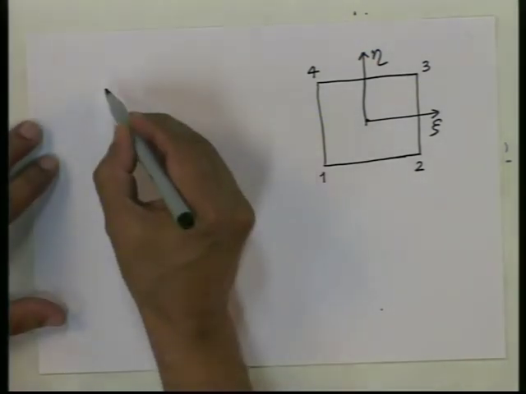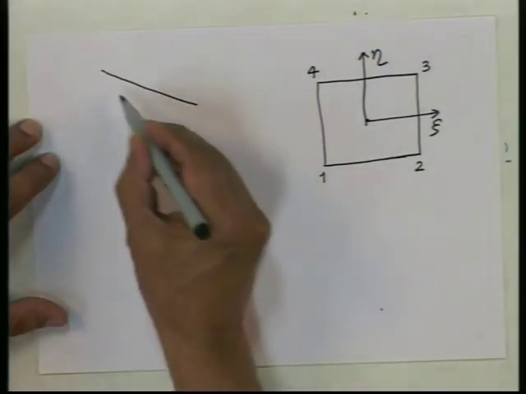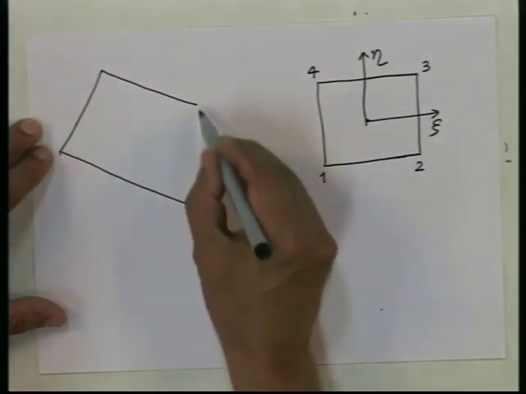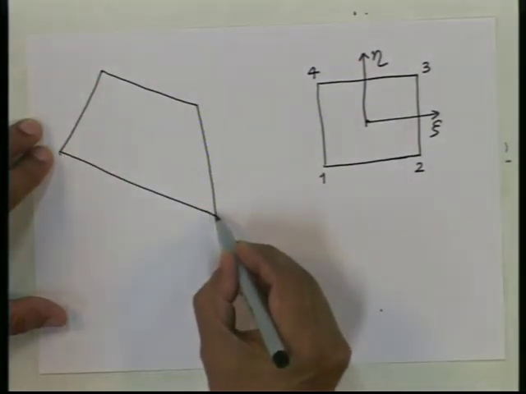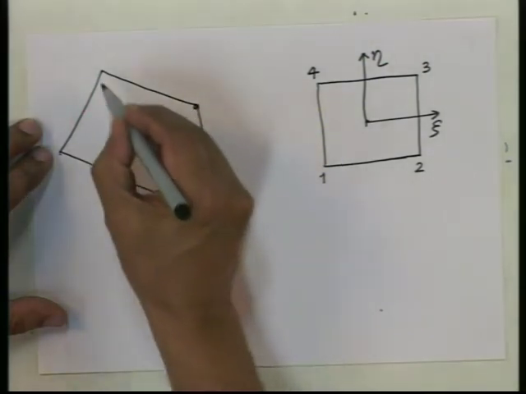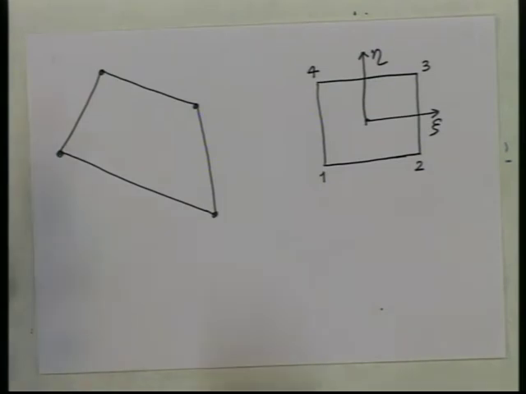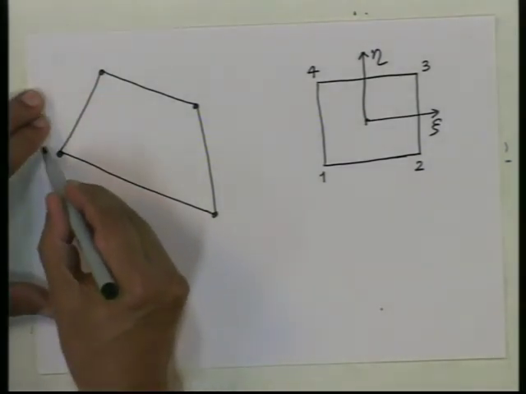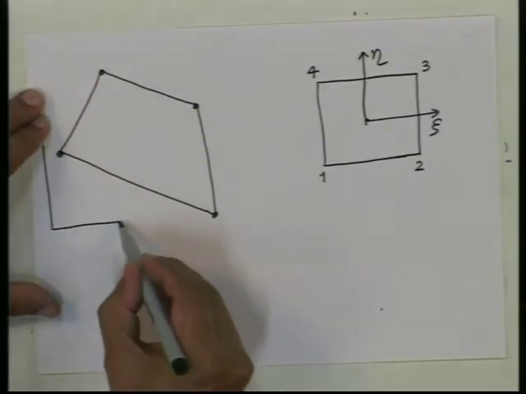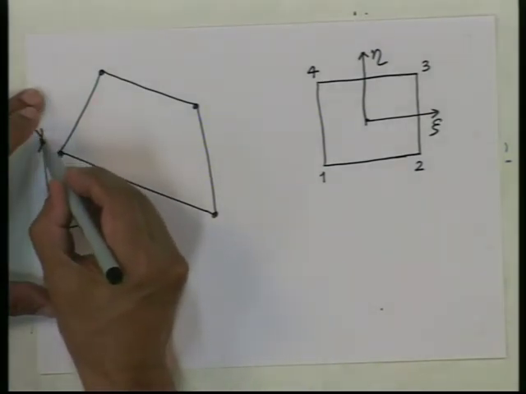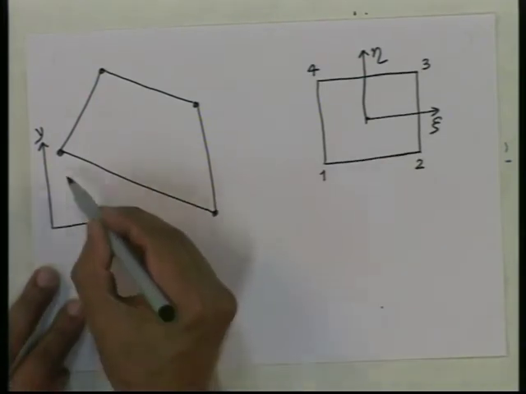He said yes, in the real structure if you are having an element which is not only not a rectangle, but a general quadrilateral, with reference to x and y, 1, 2, 3, 4.